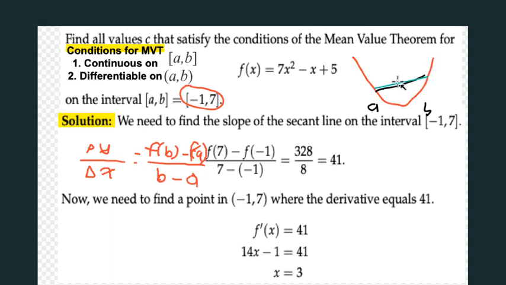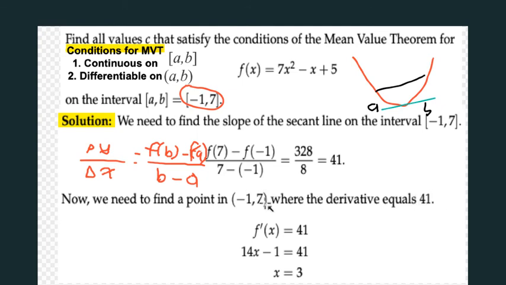Then I've drawn a secant, and I'm just going to slide the secant down. It has approximately the same slope. Slide it down, slide it down. And it looks like eventually we're going to find a tangent with the same slope as that secant slope of 41.